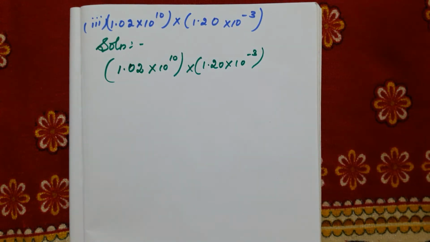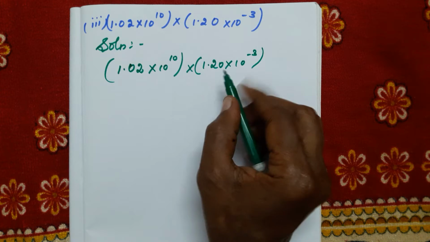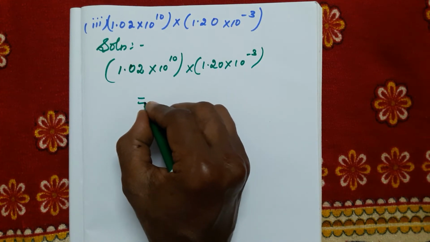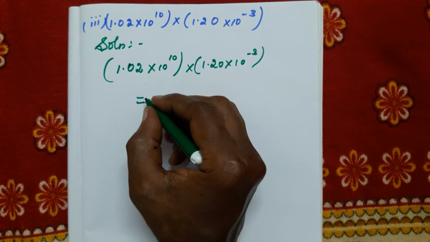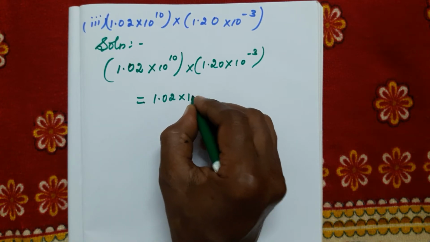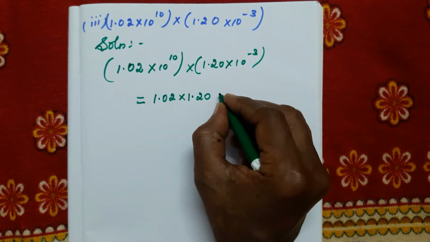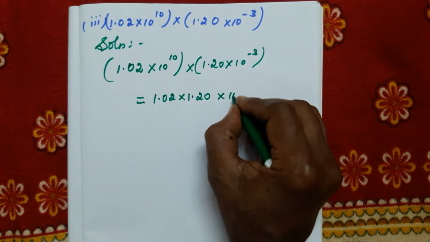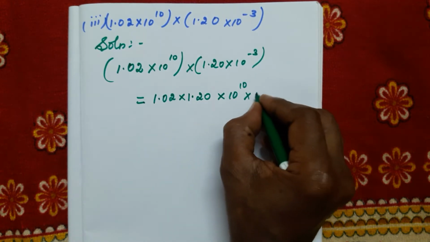First, we have to take the numbers together. When we are taking the numbers together, 1.02 into 1.20, next 10 power 10 into 10 power minus 3.